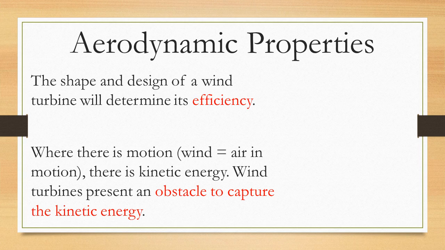If somebody throws you a ball, that moving ball has kinetic energy. And when you catch the ball, your hands present an obstacle, all right? That obstacle is stopping the ball. In this example, the wind turbine is the obstacle stopping or capturing the kinetic energy of the wind.